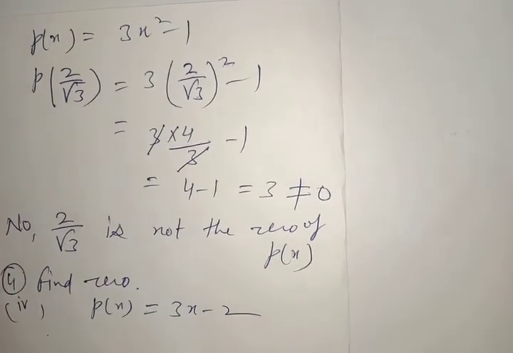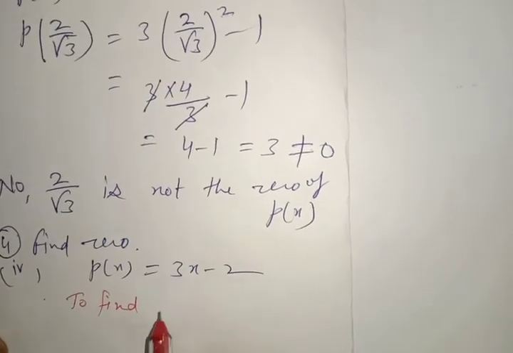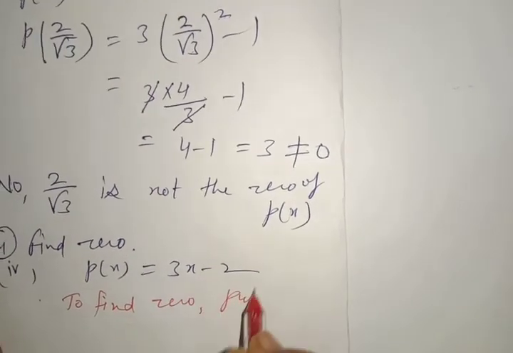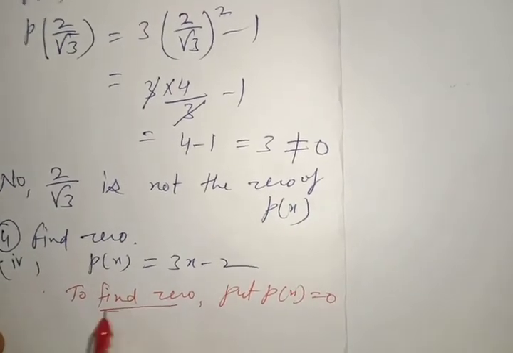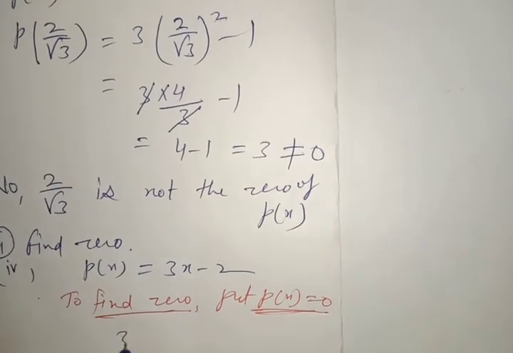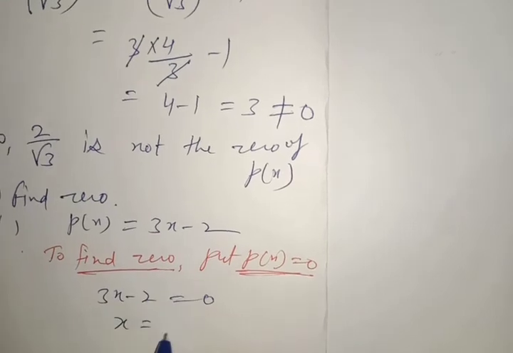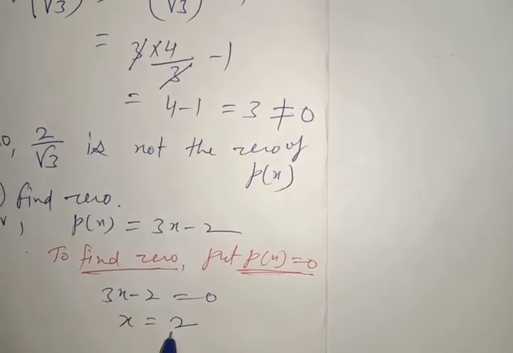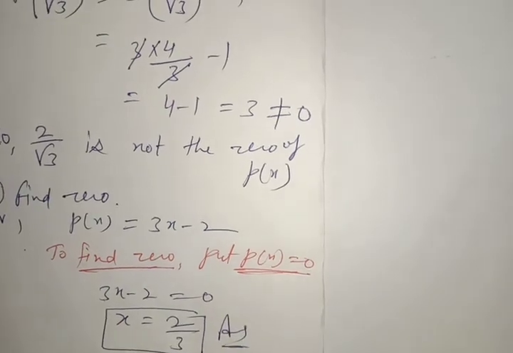To find the zero, put p(x) is equal to 0. If we need to find the zero, we need to put the polynomial equal to 0. 3x minus 2 is equal to 0, and you know how to solve. This 2 will go to the other side and become plus, and this 3 will go in division. So this is the zero of p(x).